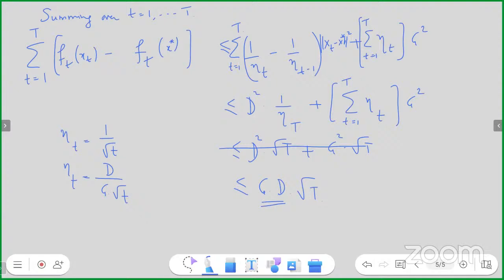So what is the most obvious choice for that? The simplest choice of an IID generated convex function sequence. What's the simplest convex function? Don't say constant. Sorry? No. Something simpler. Linear function.